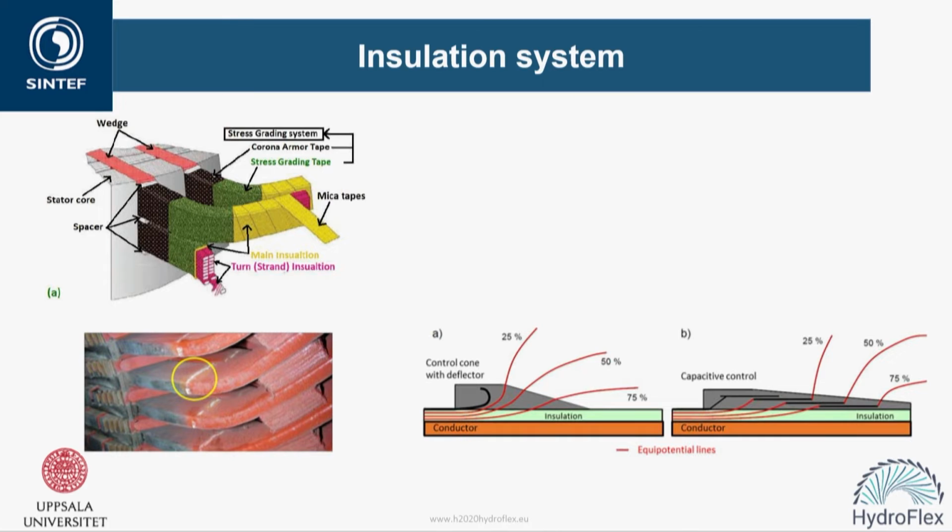What happens if you don't take care of this? Well, here you see something painted red, and the things painted red are the bars coming out of the stator core on the left. And then you see this little white ring around the conductors. That's small electrical discharges which have eaten away at the insulation. You see there's a black tint also inside there, and that would be part of the stress grading tape. So depending on how you design it, you can induce this problem, or you can make it worse or make it better.